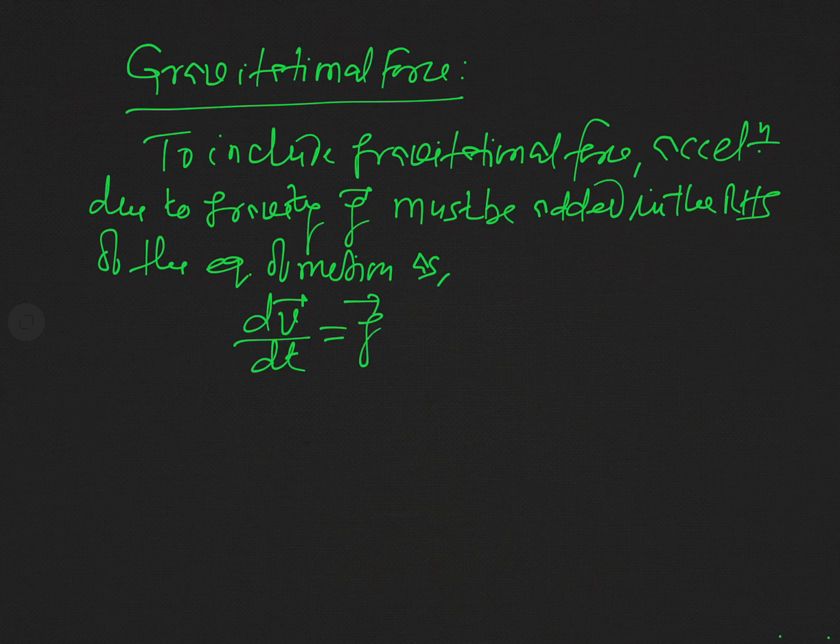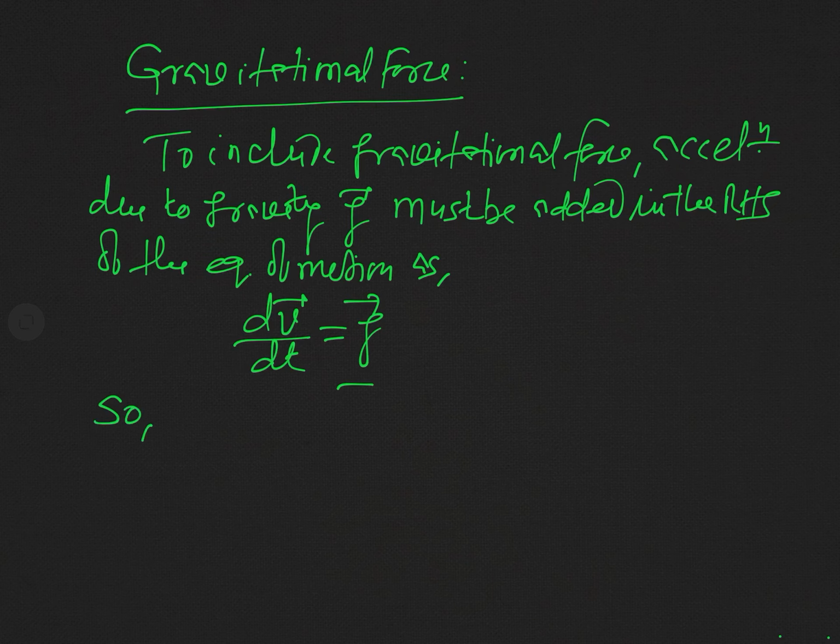Here I am repeating that when we consider only the effect of gravitational force, the acceleration will be simply g. But now we are considering that the conducting fluid plasma is under electromagnetic force, collision force, and gravitational force. If all these three forces act simultaneously, then we should add this term g in the RHS of the equation of motion.